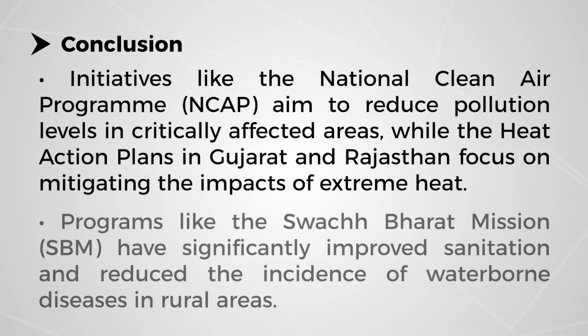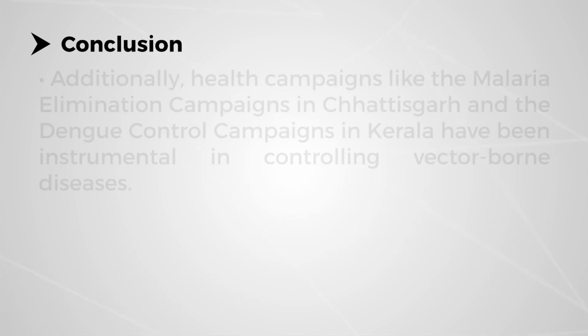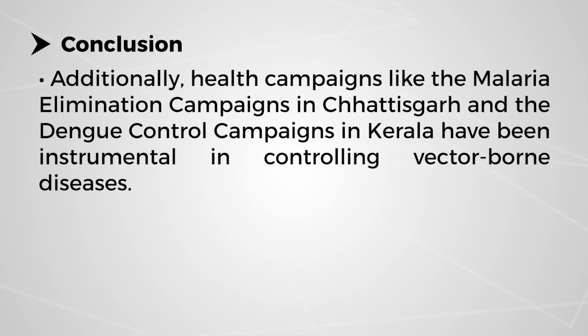Similarly, programs like the Swachh Bharat Mission have significantly improved sanitation and reduced the incidence of waterborne disease in rural areas. Additionally, health campaigns like the malaria elimination programs in Chhattisgarh and dengue control campaigns in Kerala have been instrumental in controlling vector-borne disease.